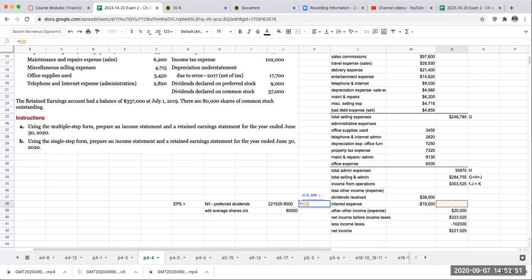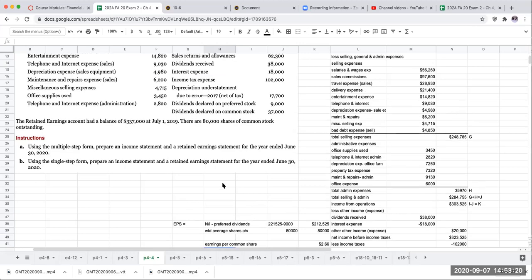So when I take 221,525 minus 9,000, that gives me this. So then my earnings per share is going to be roughly $2.66 per share. So this is my earnings per common share. Okay, so that's the multi-step income statement.